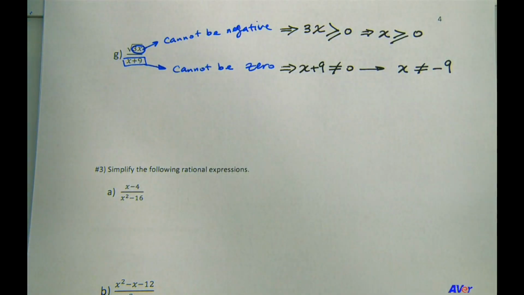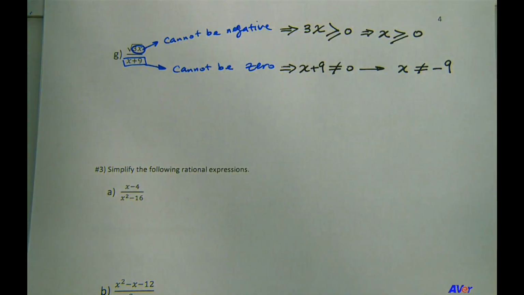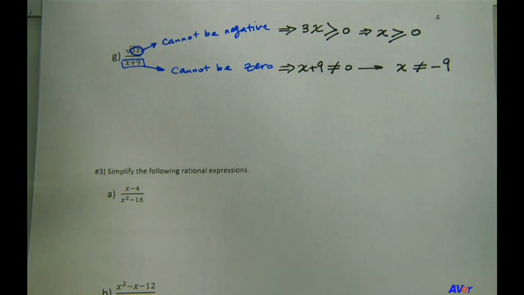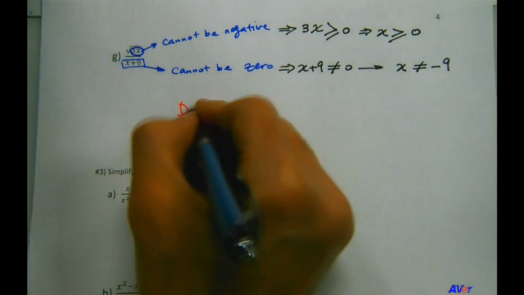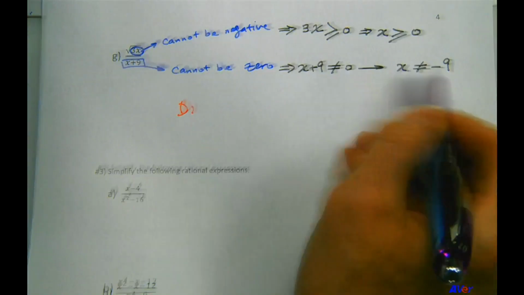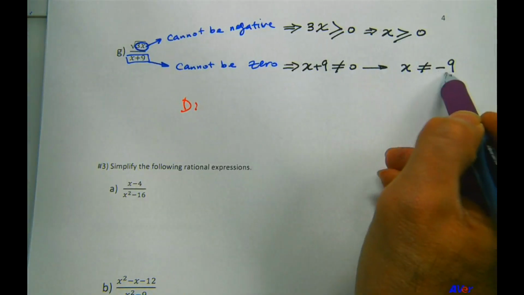So you have 2 restrictions. The domain should be the part of the x-axis that satisfies both restrictions. Okay, so which one? So the domain then is, if I take the first one, it says everything is acceptable except -9.